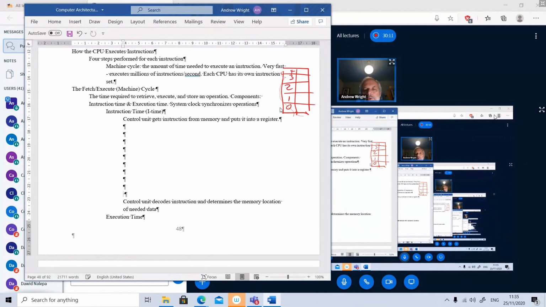Instruction 1, instruction 2. So it gets the address, address 1 is put onto the address bus, and the read-write line is set to read.